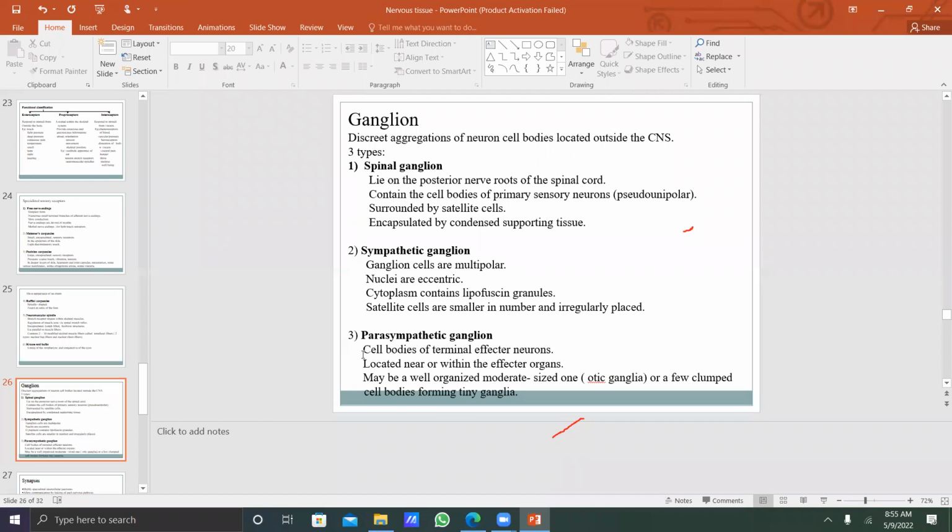They contain cell bodies of the terminal effector neurons. The parasympathetic ganglion can be a well-organized moderate-sized one, as in the otic ganglion, or a few clumped cell bodies forming a tiny ganglion.